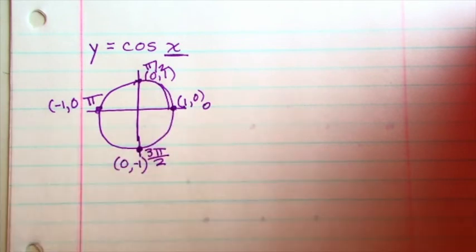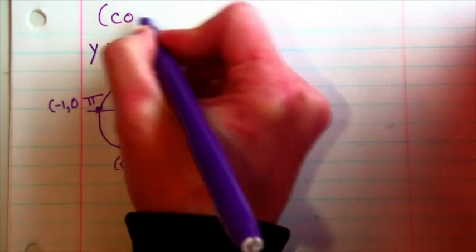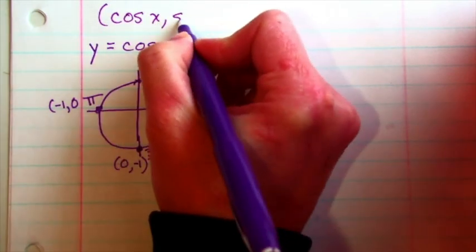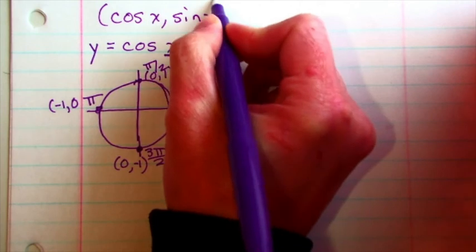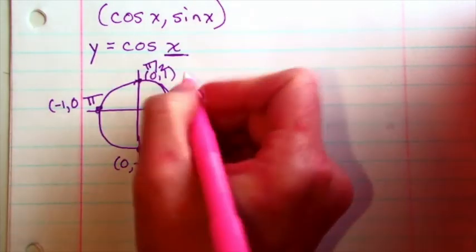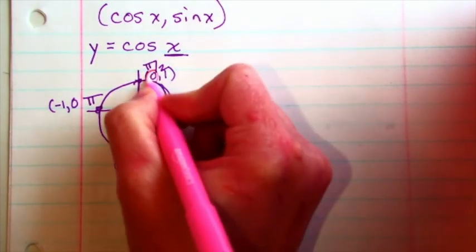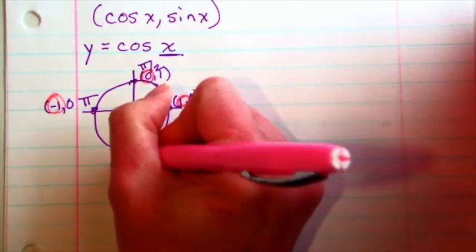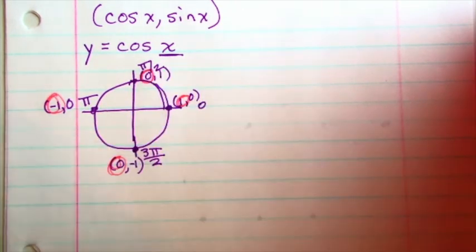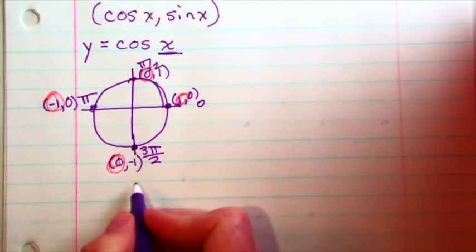So remember, last time we were talking about the sine value. So remember, our ordered pairs for these points are cosine, sine. So this time, we're looking at that first part of that coordinate pair for each point so that I know what I'm supposed to graph. So let's make those ordered pairs.